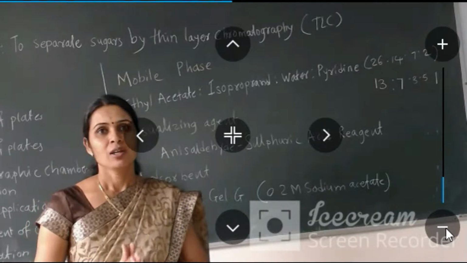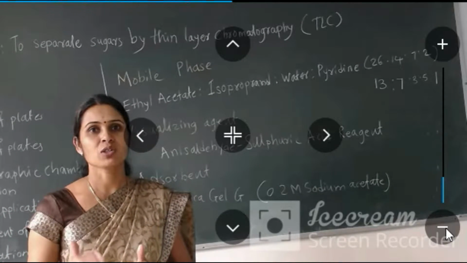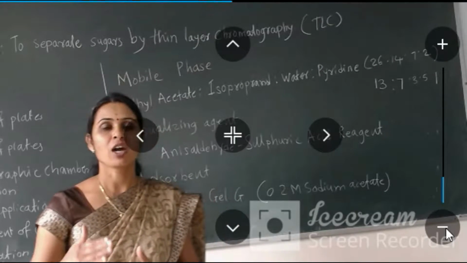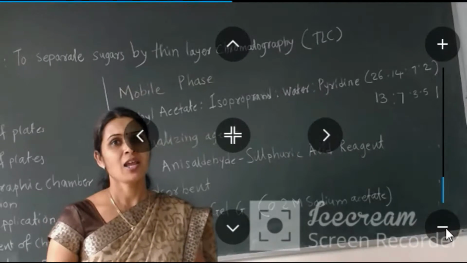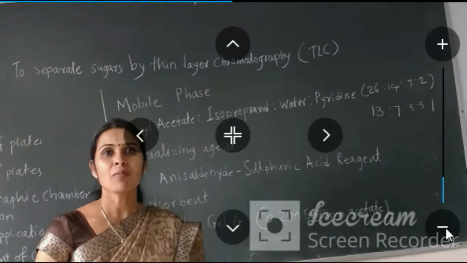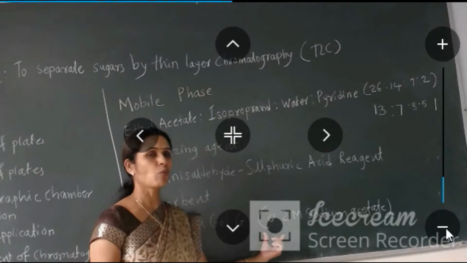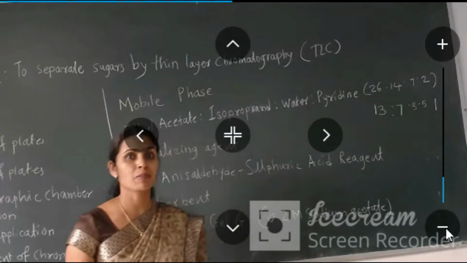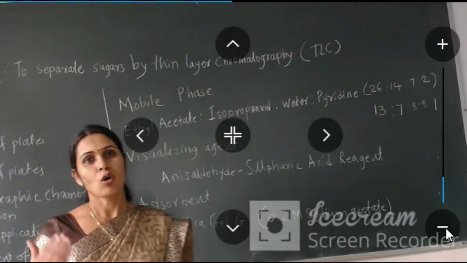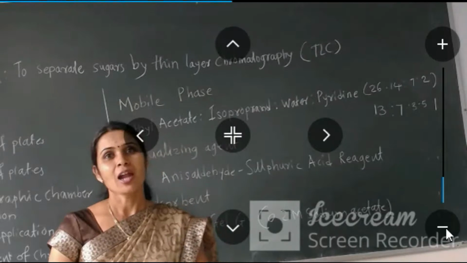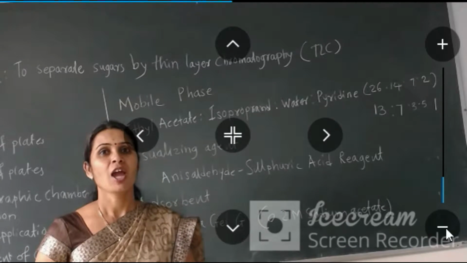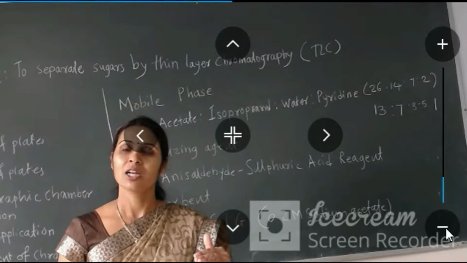Because of it, during the separation, the movement of carbohydrates is retarded, and hence it is necessary to minimize the activity of the silica. For this purpose, we are using 0.2 molar sodium acetate as a buffer to decrease the activity and to increase the separation and movement of the mobile phase on the TLC plate.